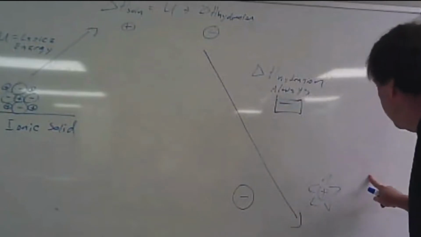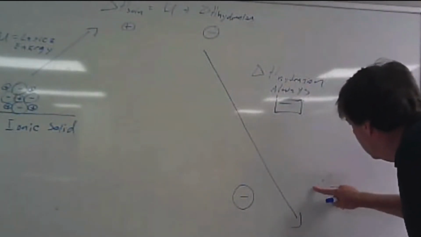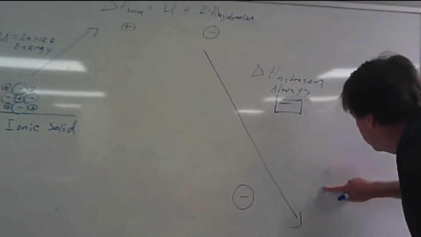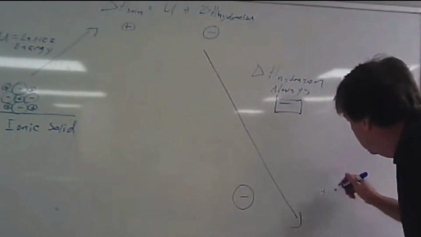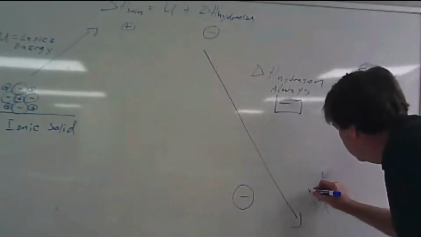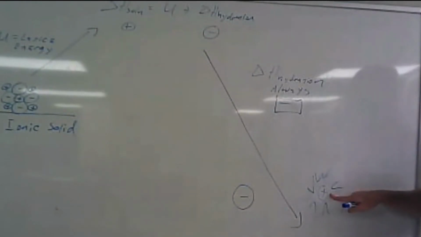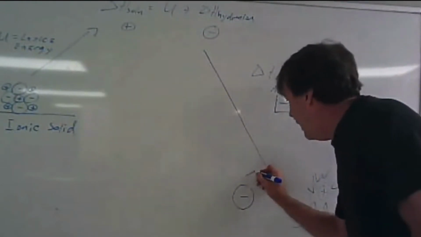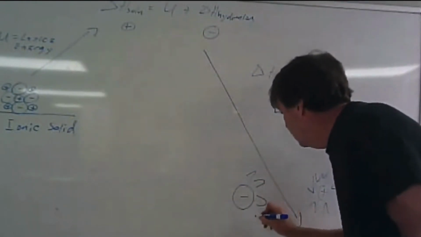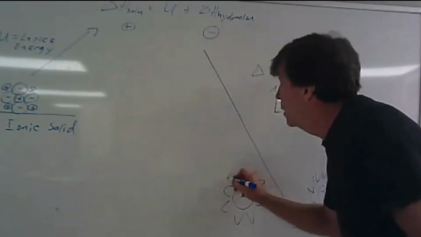So let's see here. Actually, let's reverse the orientation here. Water, the oxygen is going to be pointed. Oxygen is partially negative, so it's pointed at the positive. And now we've got this with these waters hydrating with a different orientation.